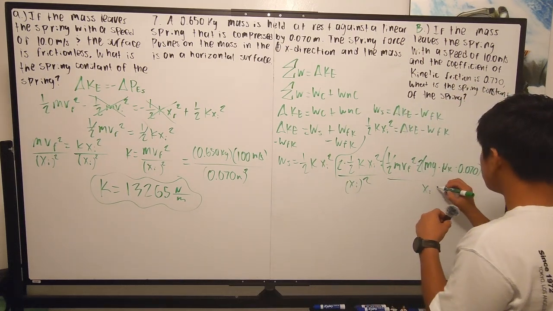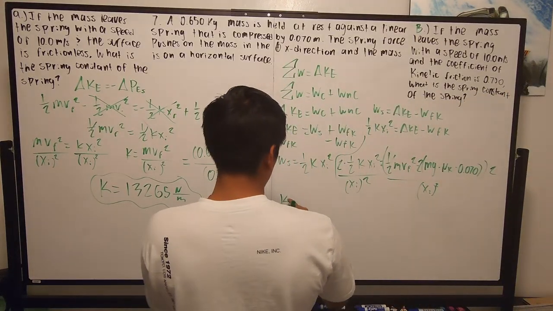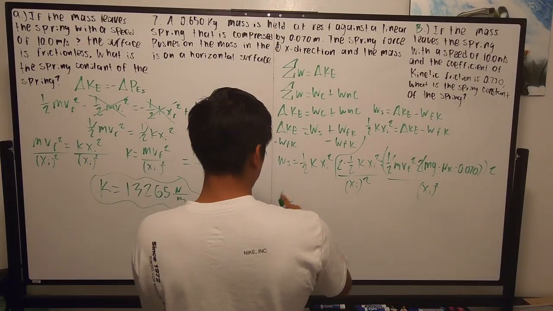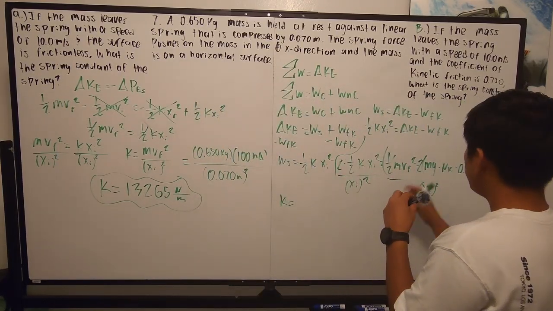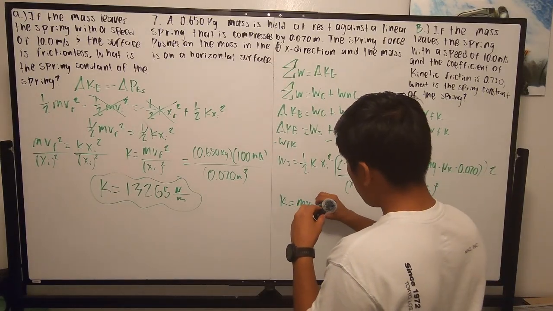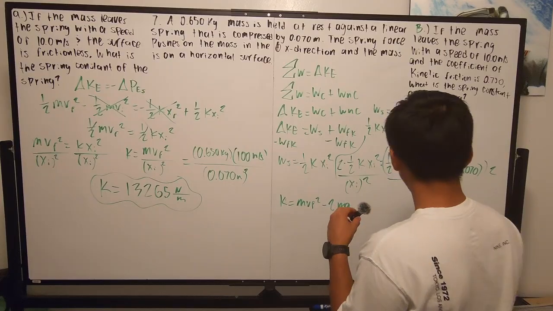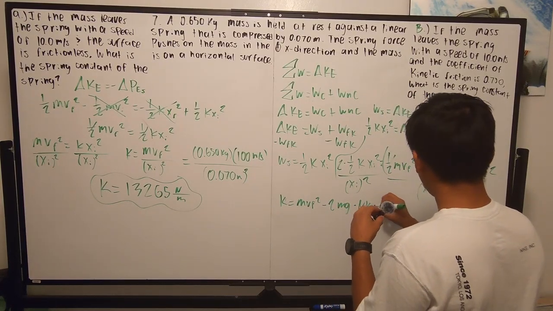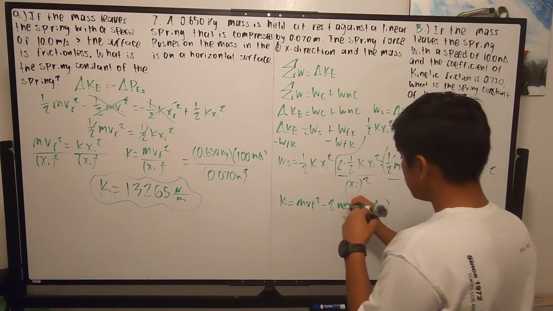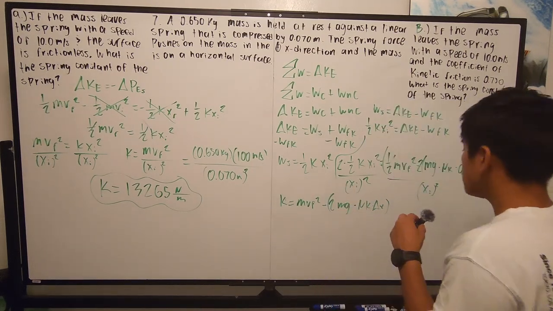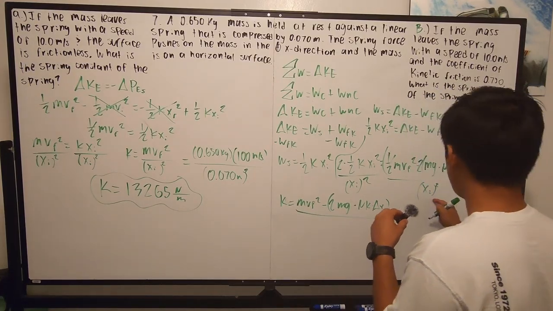So now my new and final equation is k is equal to mv final squared minus 2 mg multiplied by mu k multiplied by, I'm going to replace it with delta x, just like that. Now all of this is going to be over this x initial squared.